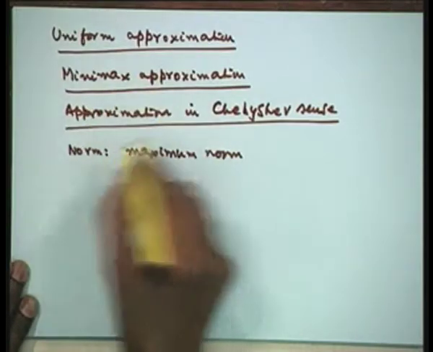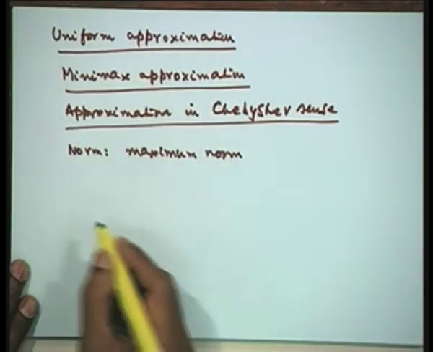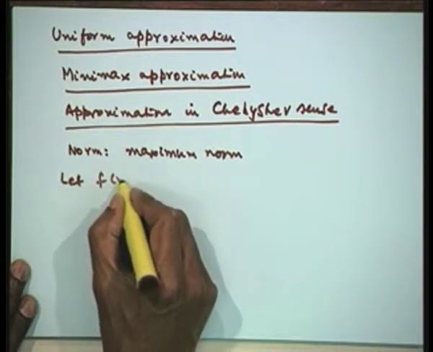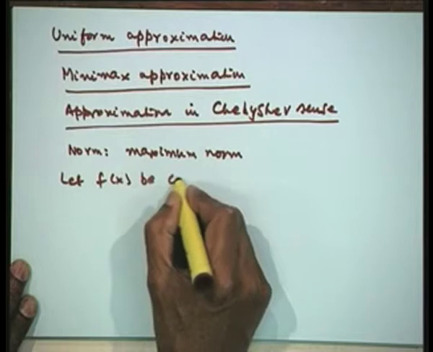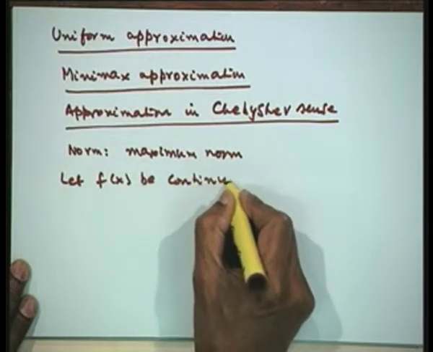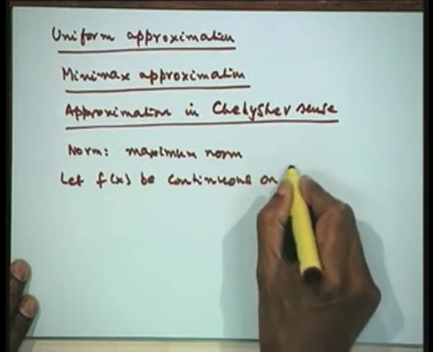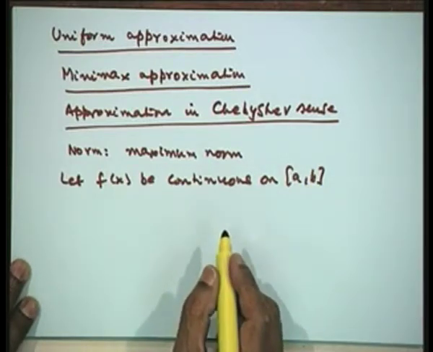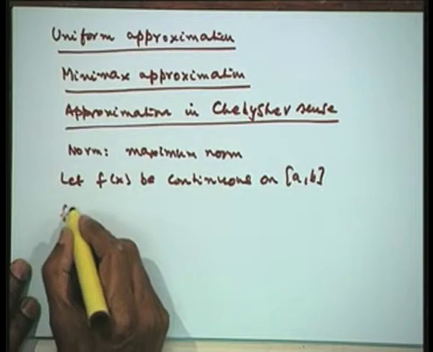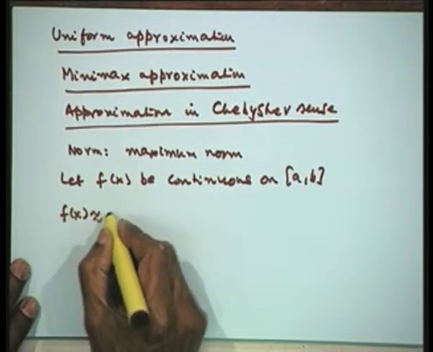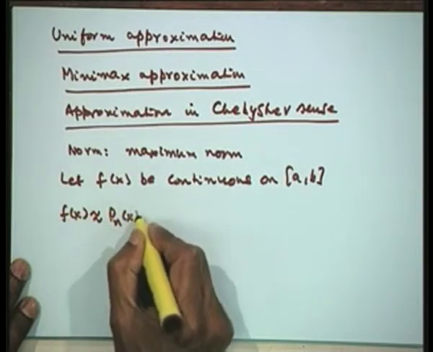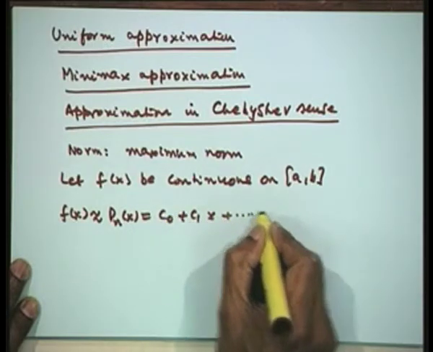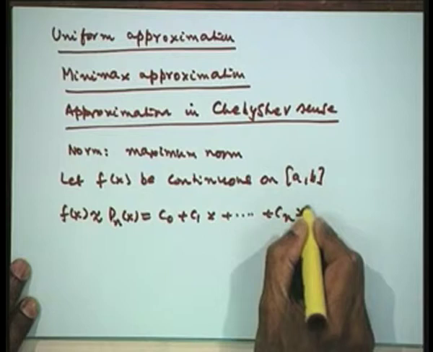Now, let us define what this uniform approximation is. We have a continuous function given to us. So, let f(x) be continuous on [a, b], and let us write down our approximation: F(x) is equal to p_n(x) is equal to c naught plus c1 x plus ... plus c_n x to the power of n.